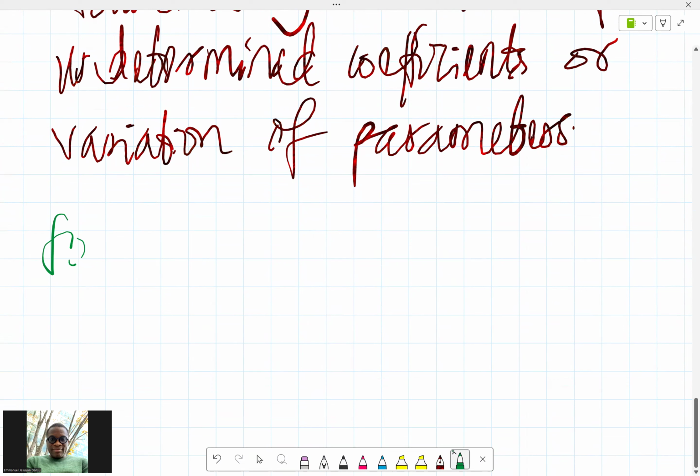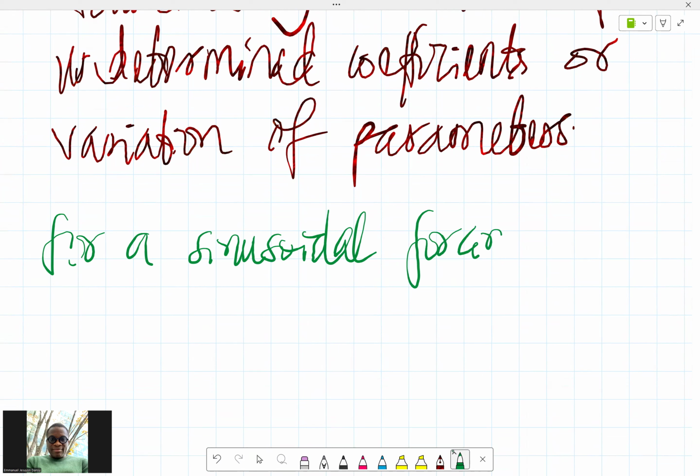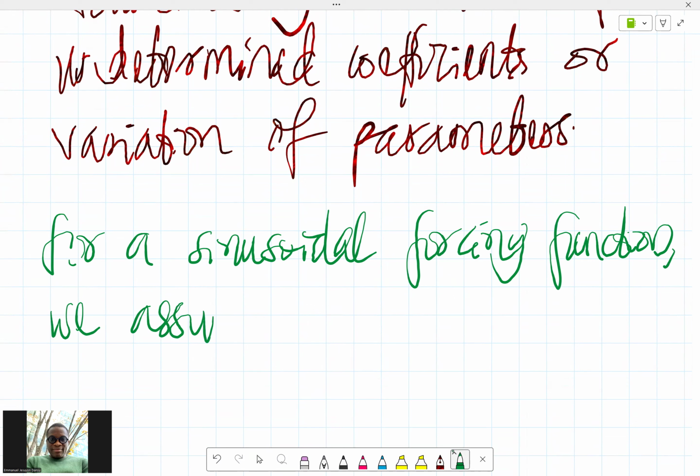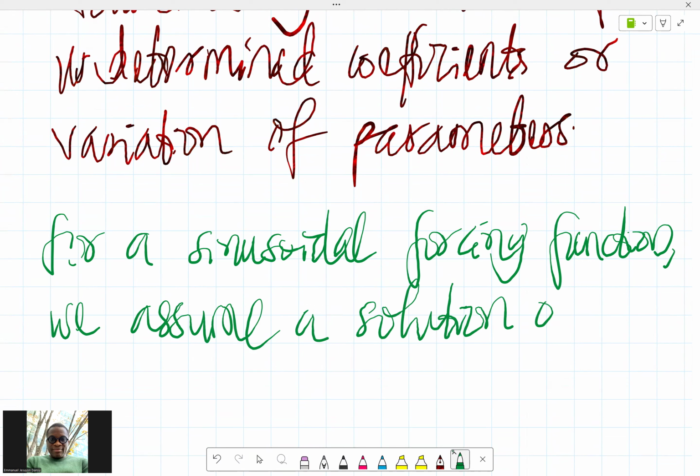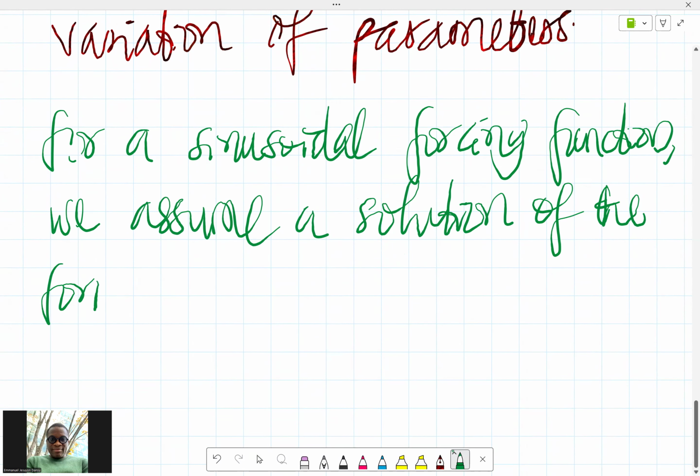For a sinusoidal forcing function, that's a function that follows a sine wave, we assume a solution of the form xp equals C e raised to i omega t.